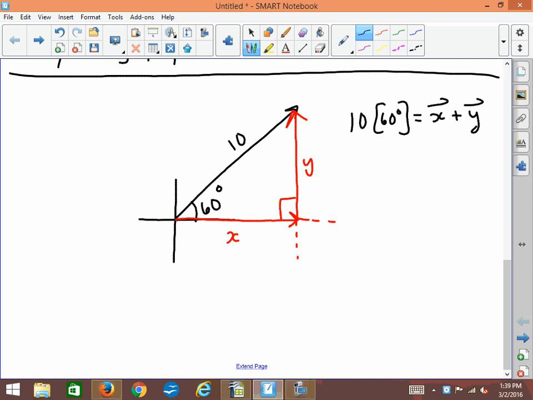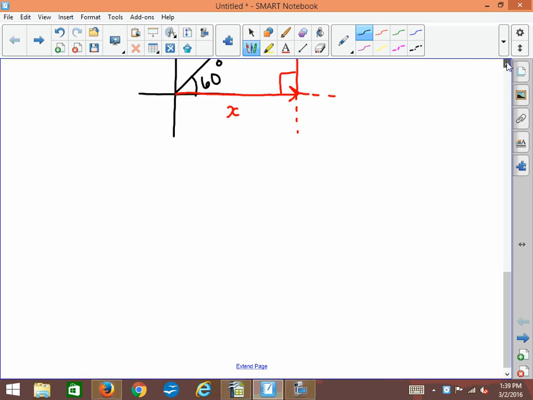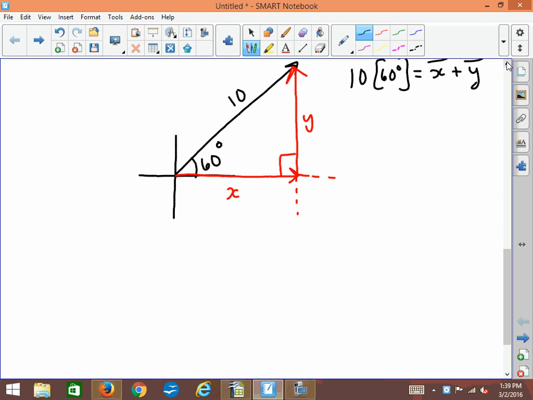Now we're going to find out why they're important and why they matter. Okay? I want you to think about a triangle here. And first of all, let's try to figure out a little bit more about Mr. Y and Mr. X. Well, vector y right here can be thought of as the y component of the vector 10 at 60 degrees.